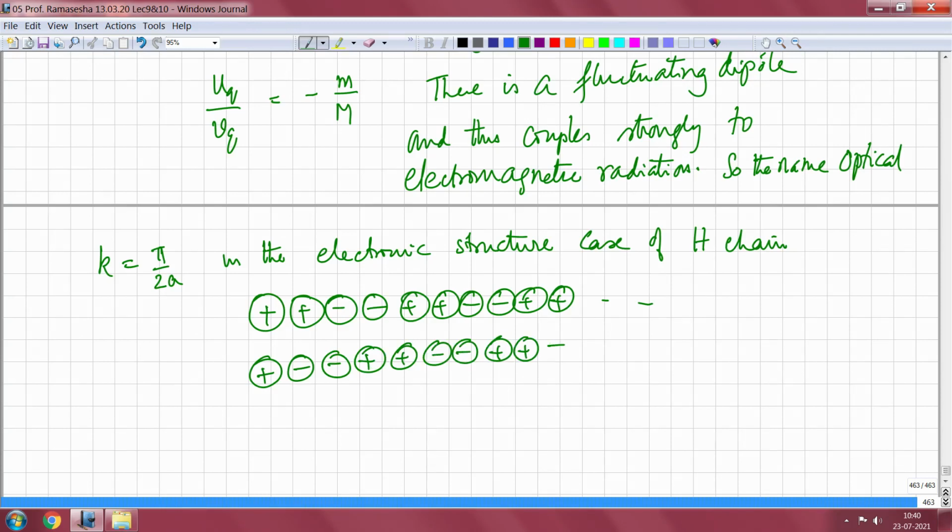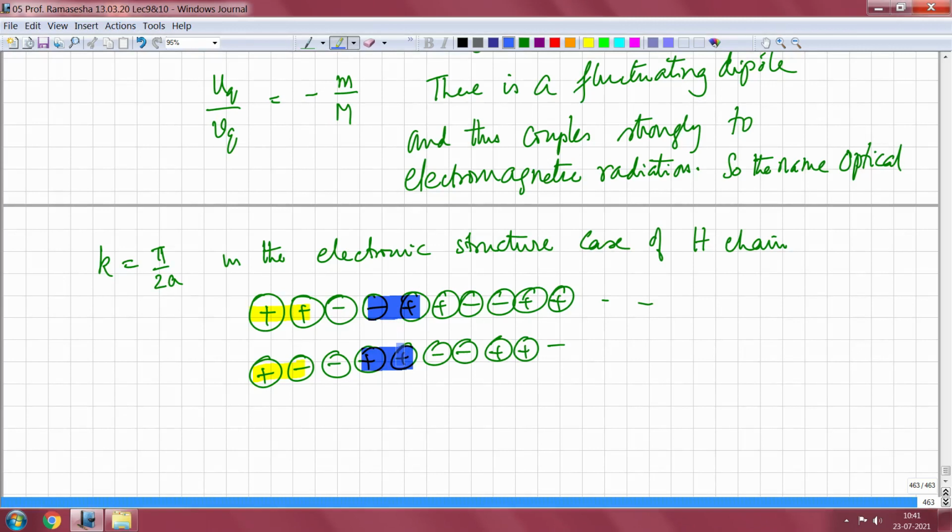So depending upon the way you define your unit cell, you can think of bonding between successive atoms and anti-bonding between neighboring atoms if this is the unit cell you choose. But if you choose a different unit cell, something like this one, then it is anti-bonding here and bonding here.